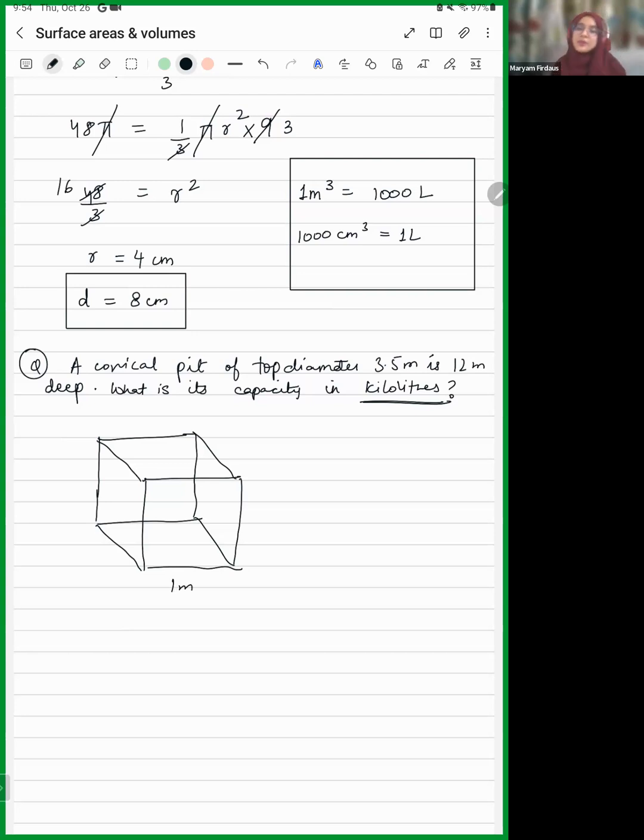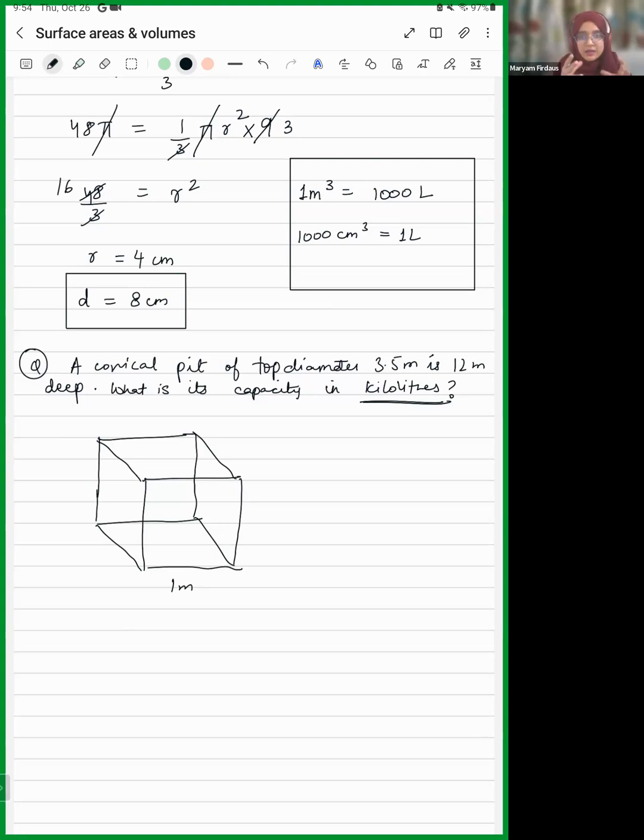And you know how much is 1 meter, right? It is more than an arm's length. So imagine that big a tank. How much water can you fill into it? 1000 liters. Don't say 1 liter. Don't get confused in that. So 1 meter cube is 1000 liters.